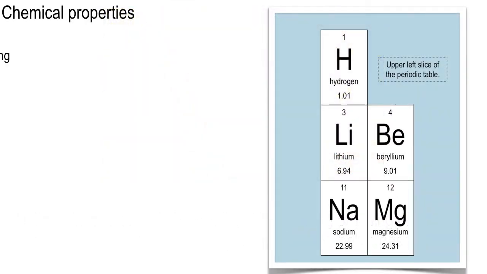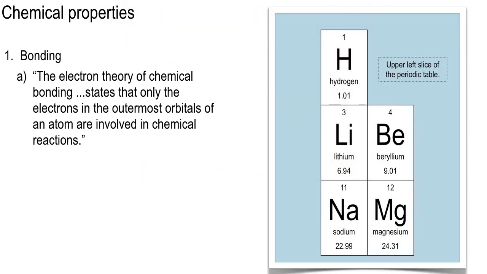Right? So, now here's the electron theory. The electron theory of chemical bonding states that only the electrons in the outermost orbitals of an atom are involved in chemical reactions. So for carbon, that's the 4 outermost electrons, the valence electrons. And the reason for that is they're not as tightly bound.